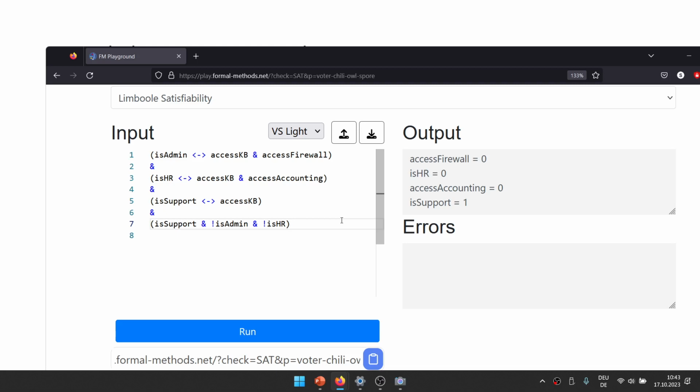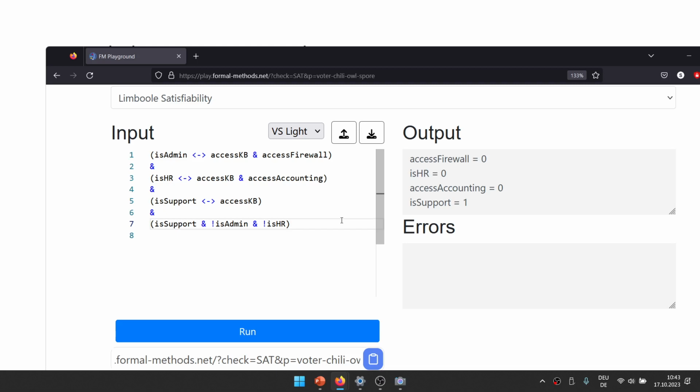So basically, if you have a role, I don't know, super user that has access to all the resources, then this super user wouldn't need to be an admin, right? But now you're saying that you have access to firewall if and only if you're an admin.